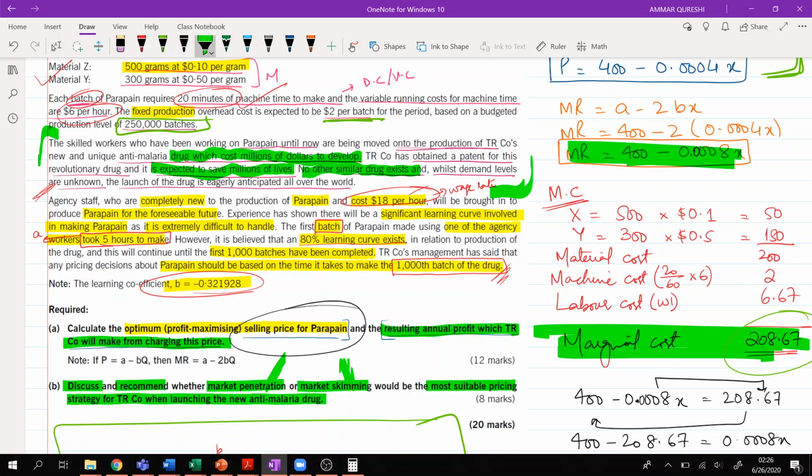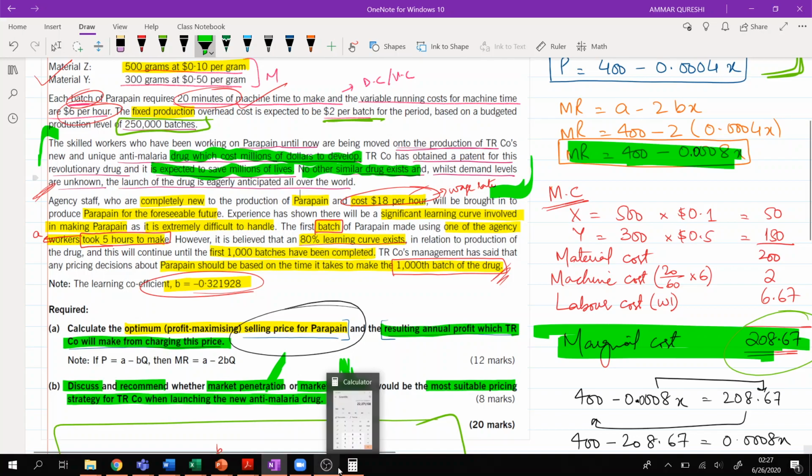They want to pay as much money as they can for this product. We should charge high prices for this anti-malaria drug, and the world is anticipating it, right? So we should charge high prices because somehow we will be able to sell in the market. In one market we may not be able to sell, but in the other market we will definitely sell our product, right? This is the first point.